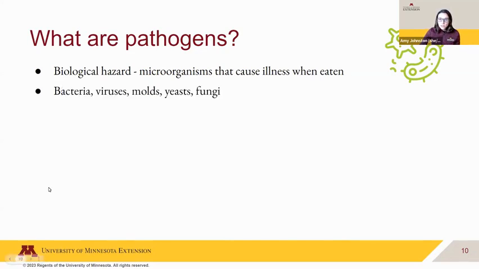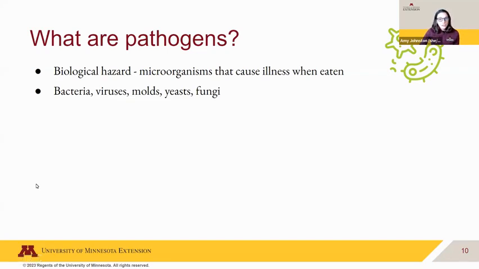These illness-causing microorganisms are bacteria, viruses, molds, yeasts, and fungi. There's over 31 pathogens known to cause foodborne illness. Symptoms of foodborne illness can include nausea or upset stomach, vomiting, diarrhea, fever, headache, body aches, fatigue, and vision problems.